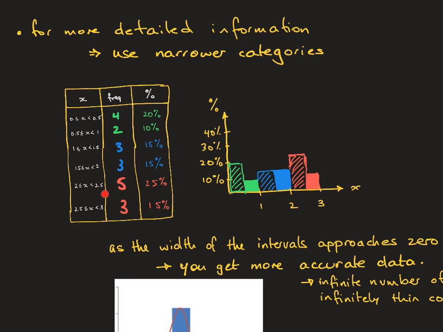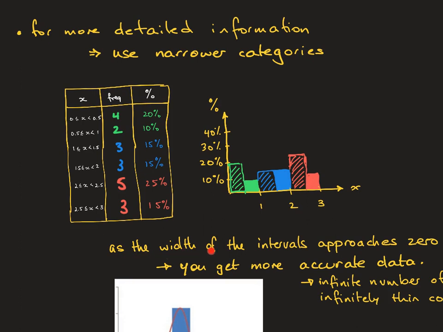And for our final data category, when we split the x values in half, so from 2 to 2.5 and 2.5 to 3, 5 of the data values were in the first half and 3 were in the second half. And you can see that I'm getting more information about how the data is spread.